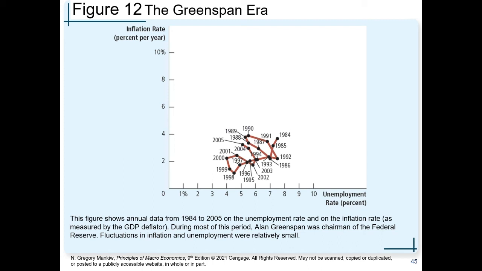But that is to say, inflation was relatively stable during this period. While unemployment may have fluctuated from 4 to almost 8% in 1992, it looks like, inflation was below 4% in all these years. So you could see that there was good control of inflation by Greenspan.